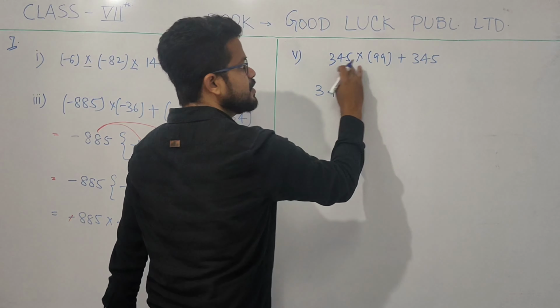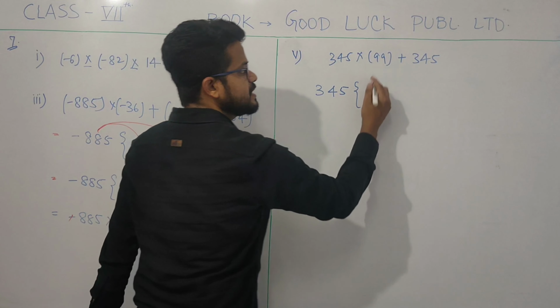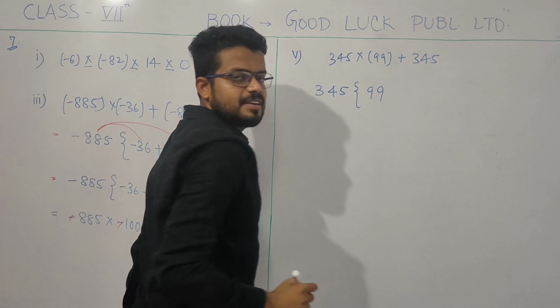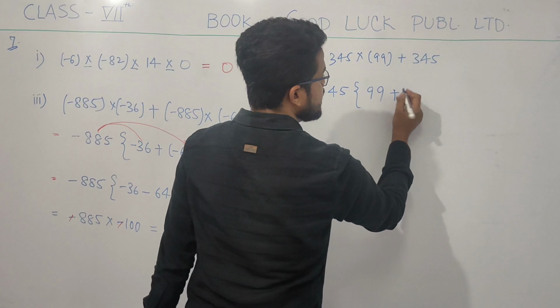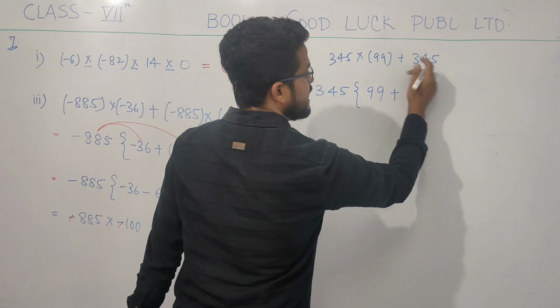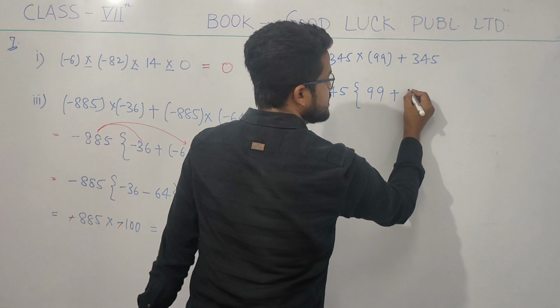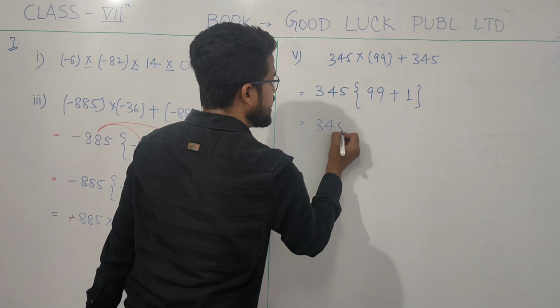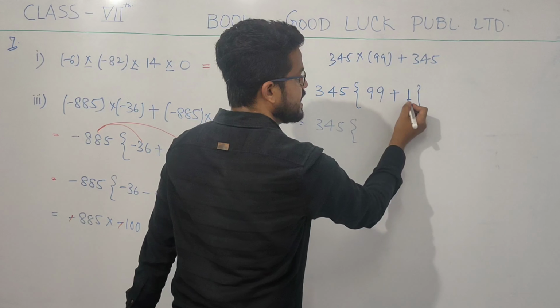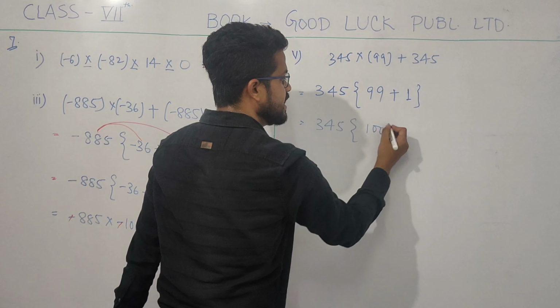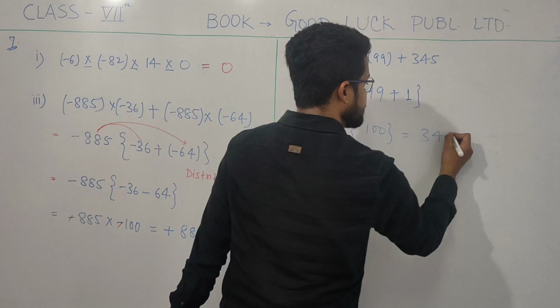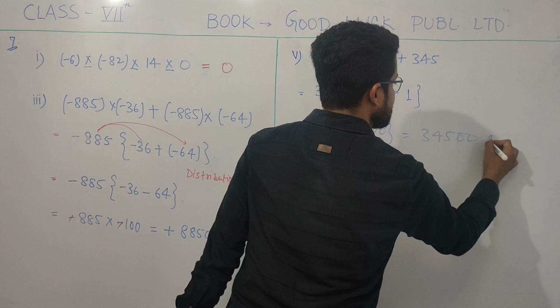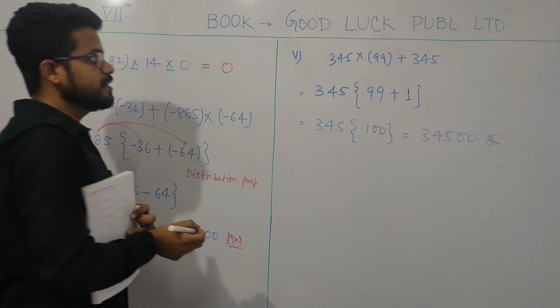Now, if I take 345 common from this, here 99 is left. Plus, here if I take 345 common, the remaining part is 1. So this is 345 into 99 plus 1, which is 100. So we get 34500 as your answer.